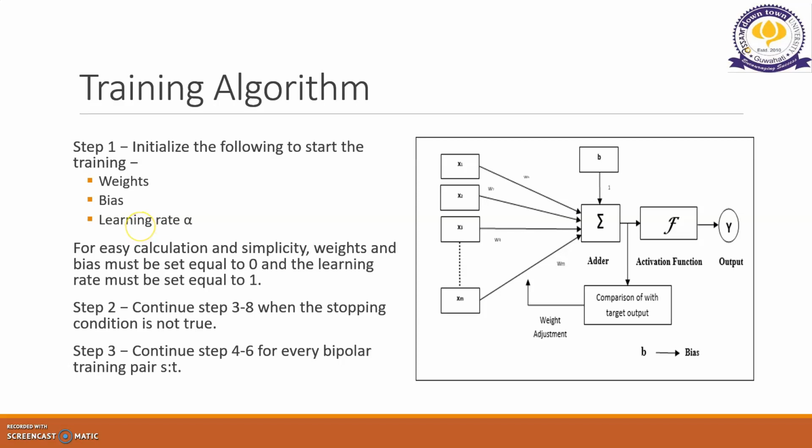Since it's supervised, you give training data and a label, so you can represent that training pair as S and T. S stands for score function and T stands for target value or target output.